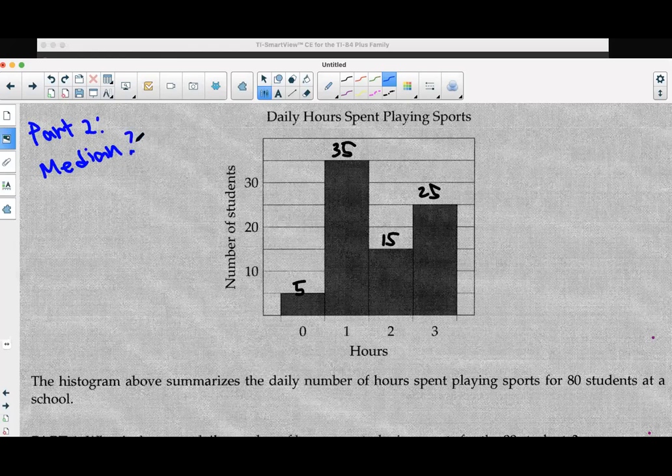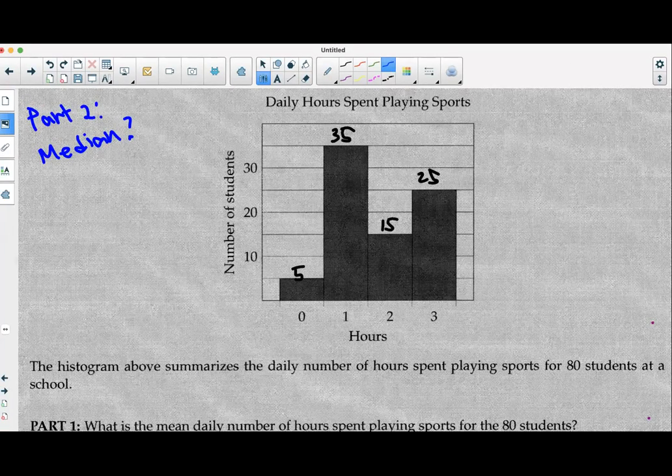As soon as you have the value for median, you let me know. All right, good, good.